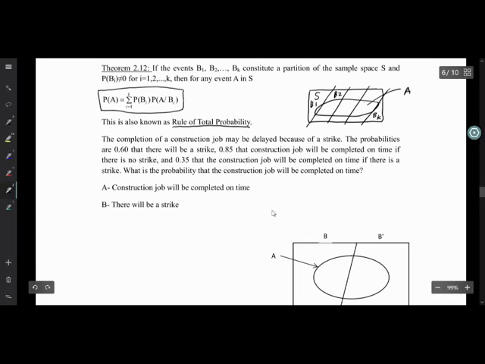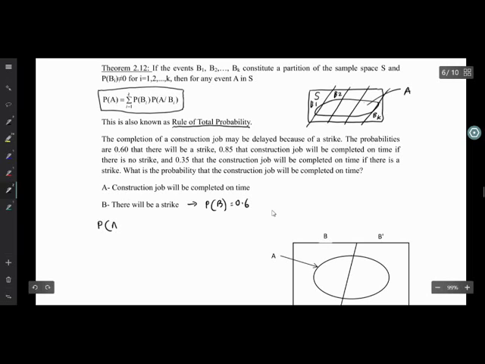It is given that the probability is 0.6 that there will be a strike. Okay, if we denote our event B as there will be a strike, then the probability of B is 0.6. And the construction job will be completed is A. It's given the conditional probability 0.85 that the job will be completed if there is no strike.